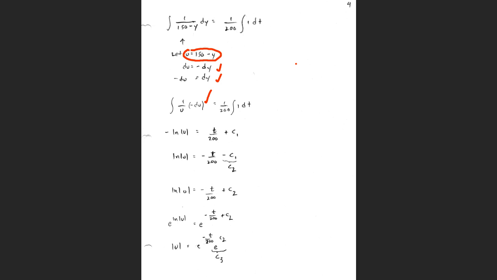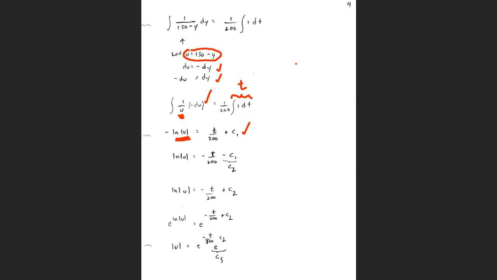The antiderivative of 1 over u is the log of the absolute value of u. So negative times the log of the absolute value of u will equal, over here, the integral of 1 dt, which is just t. And of course, we have constants of integration. We can combine them and just put a c1 on the right side.